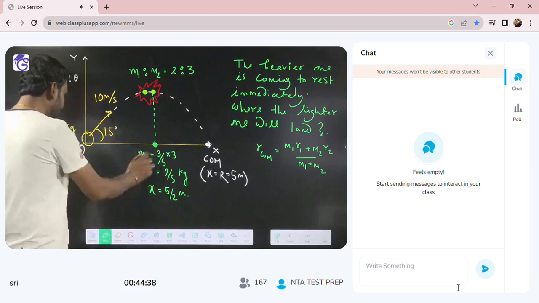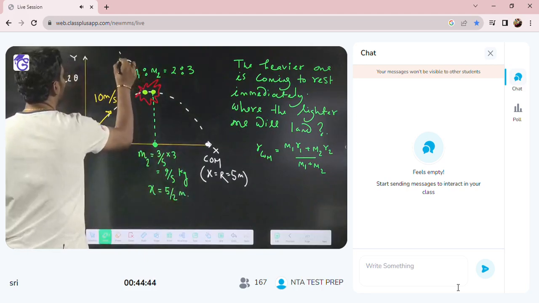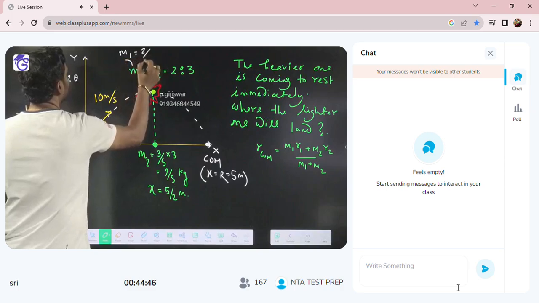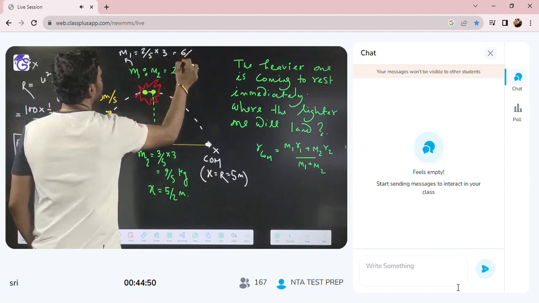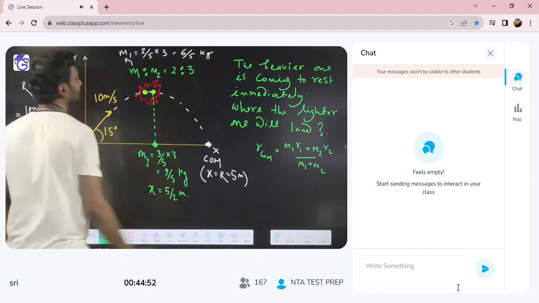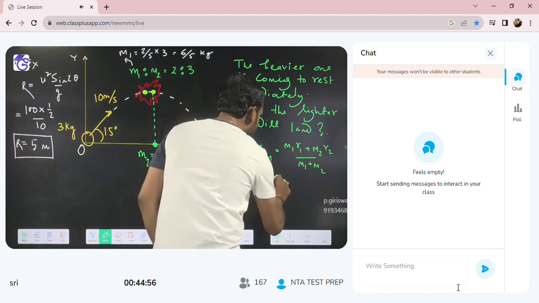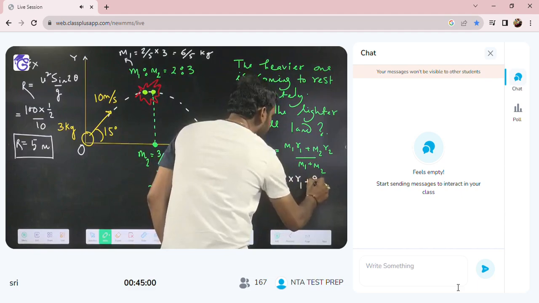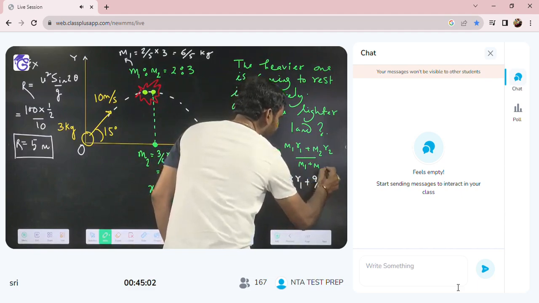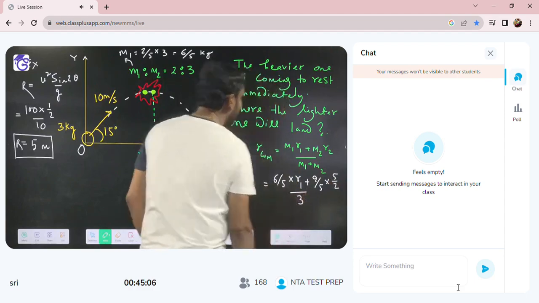So M2 is equal to 9 by 5 kg, you have calculated. Similarly, I can calculate M1. M1 will come 2 by 5 into 3, so that will come 6 by 5 kg. All right? So now let us calculate. M1 is 6 by 5 into R1. We need to calculate. This is 9 by 5, R2 is 5 by 2, divided by M1 plus M2 is 3.